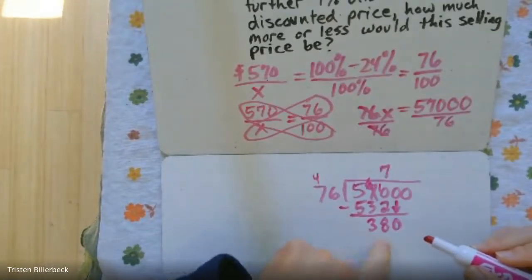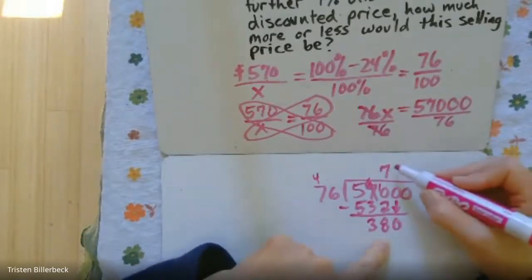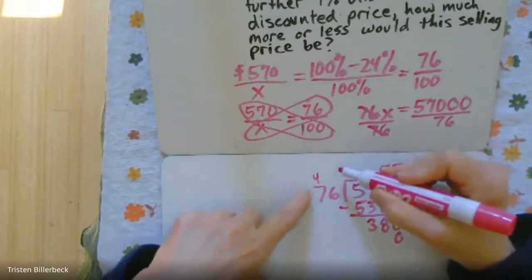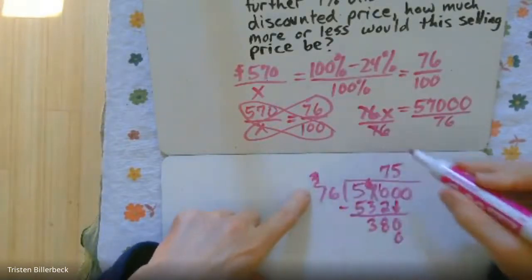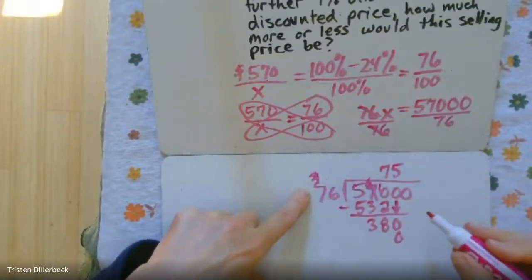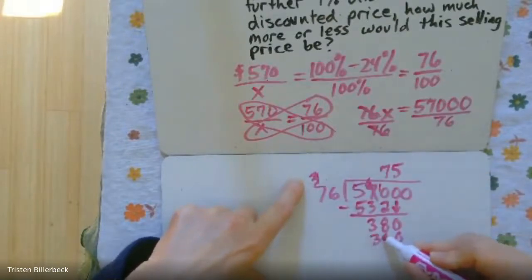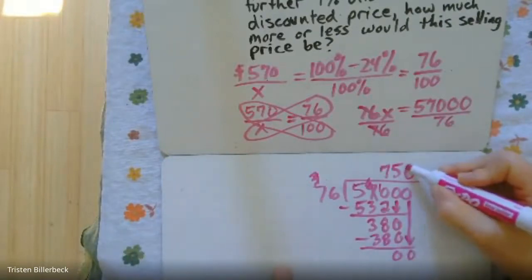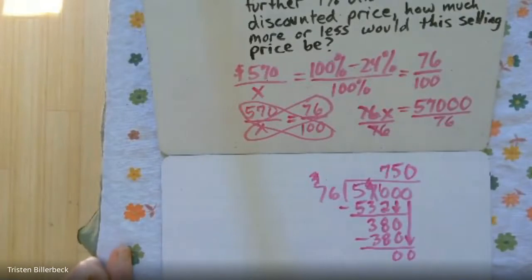Almost 5. I think let's try it. Almost 5. So that gives us a 3. So 5 times 7 is 35, plus 3 is 38. It worked. And then we have one more 0 to drop down. So there we have it.